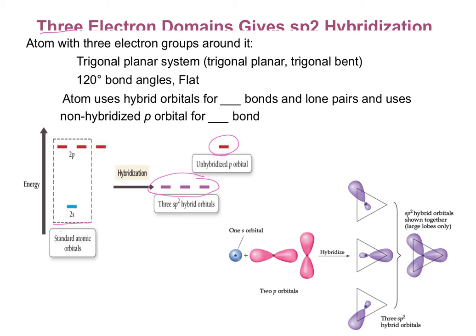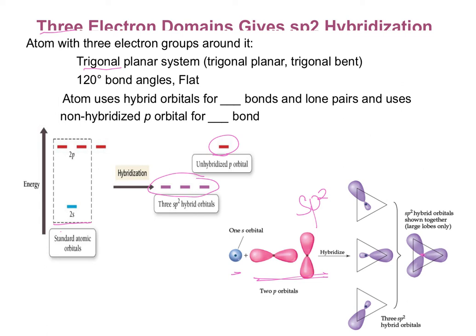The 1 s and the 2 p's go in, they mix together, and when we put those 3 together, the optimum shape is trigonal planar. So with 3 electron domains, trigonal planar, 1 s and 2 p's go in, so we call it sp2 hybridization.